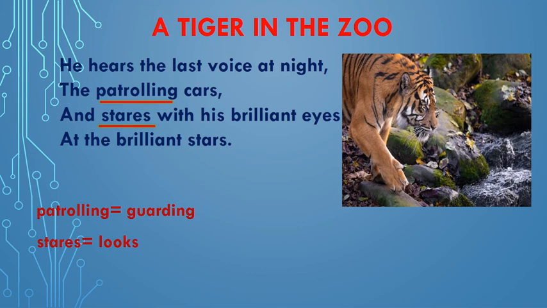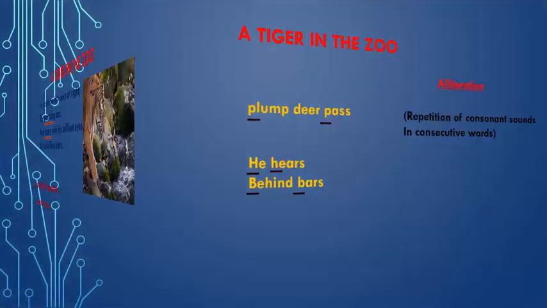Whatever it may be, it is a very wrong thing to keep wild animals, which were in the jungle, in the zoo or in cages. So please, children, all of you, be kind to the animals.